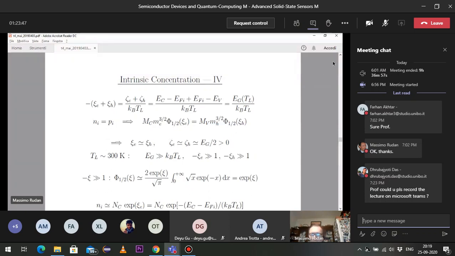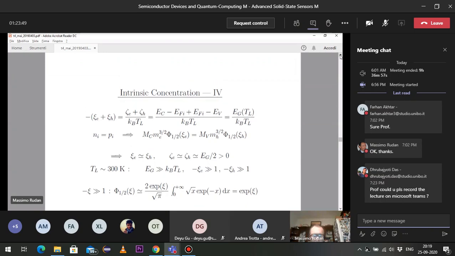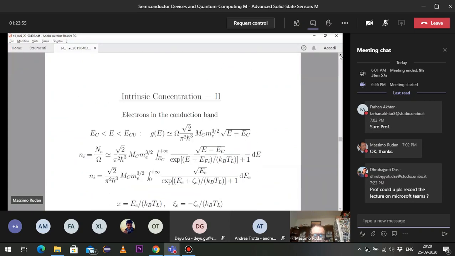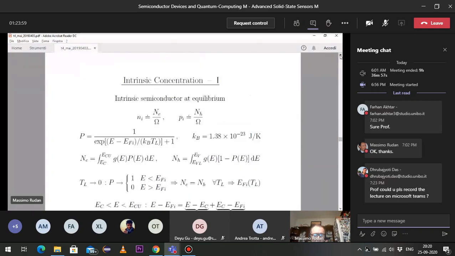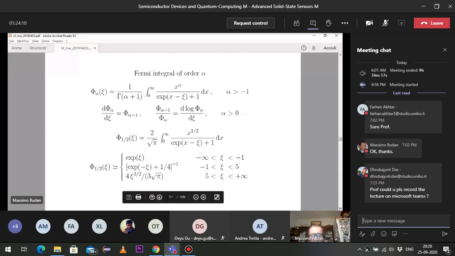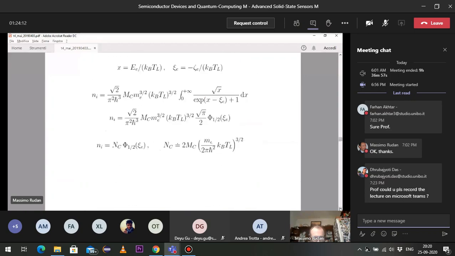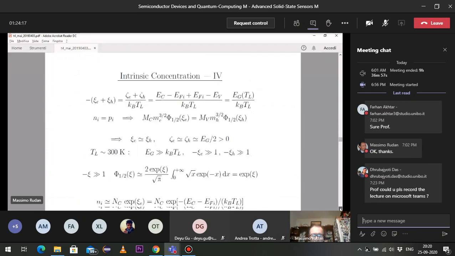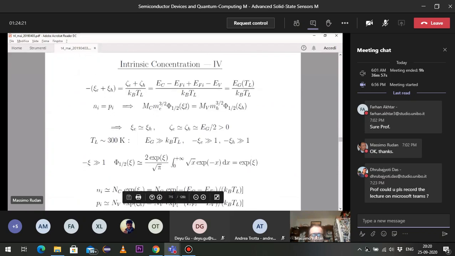But remember, we observed, on commenting on this definition here, this property, we found out that the Fermi integral is a monotonic function of the argument, okay? So if a monotonic function of the argument takes the same value for two different values of the argument, the only possibility is that the two arguments are equal, okay?